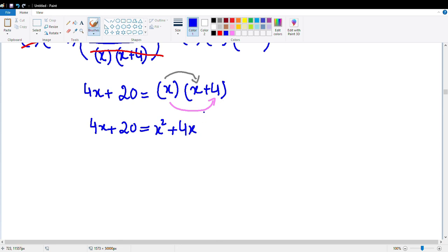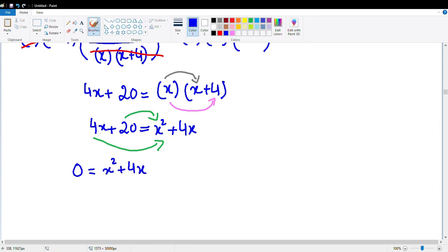Now, as you can see, the x squared is on the right side, so that means we want all the terms on the side that x squared is on, because x squared is positive right now. So I'm going to move everything to the other side, and we'll get 0 equals x squared plus 4x.